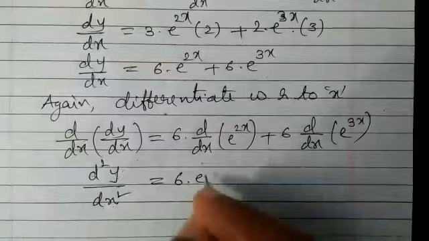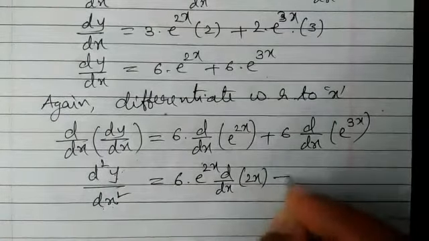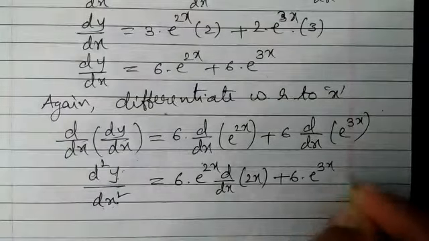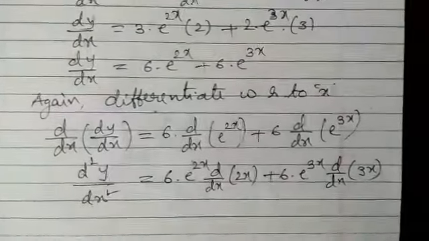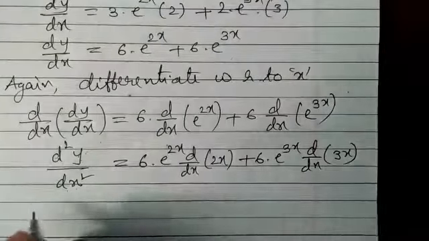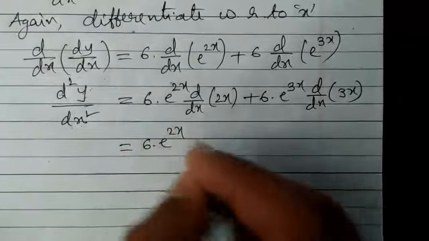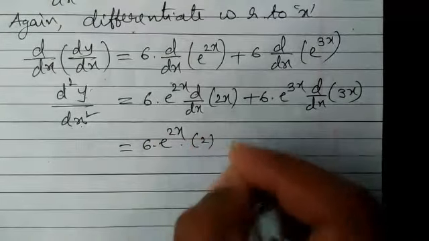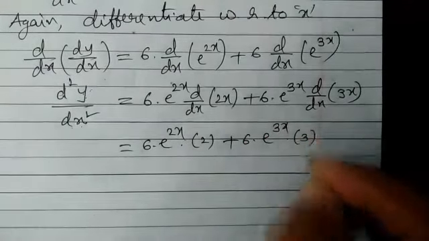And 6 into e power 2x into d by dx of 2x plus 6 into e power 3x into d by dx of 3x, which is equal to 6 into e power 2x into 2 and 6 into e power 3x into 3.